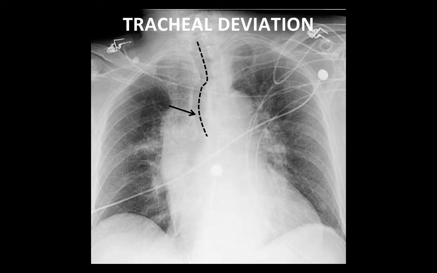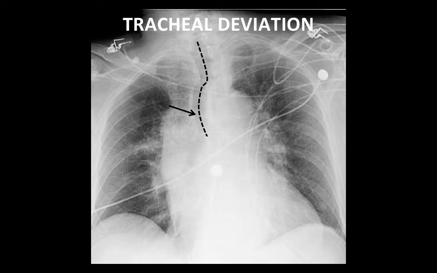Now, there are some findings on chest x-ray that we need to be aware of that would make us more suspicious of acute aortic syndrome. Specifically, findings that are related to the presence of mediastinal hemorrhage, aortic aneurysm, or such.